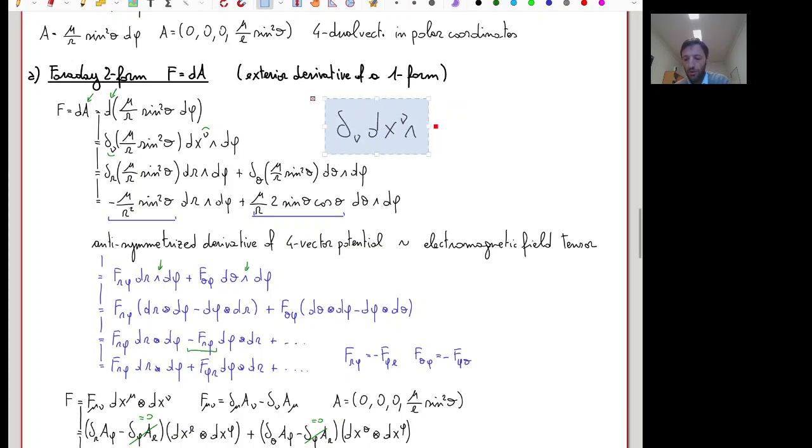So we apply the derivative to the coefficient, and then the dx nu from the operator combines with the d phi, which was already present in the basis of the form.